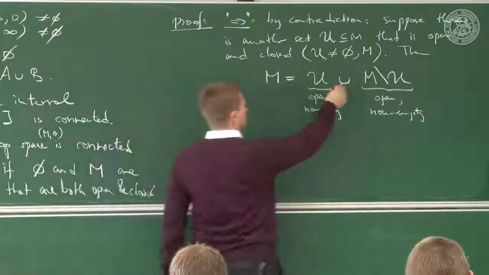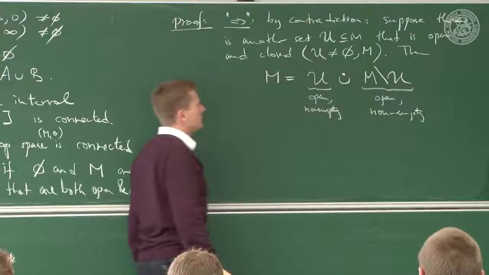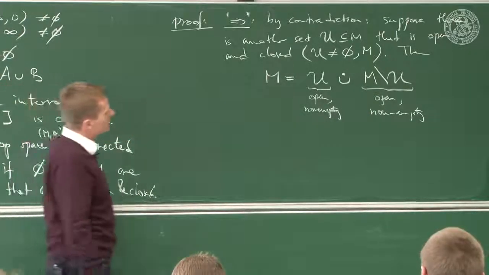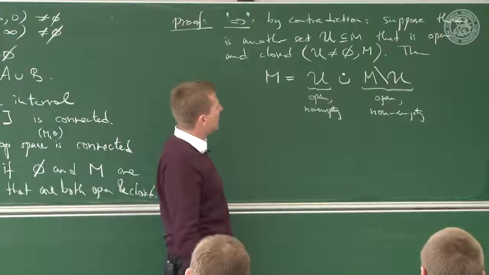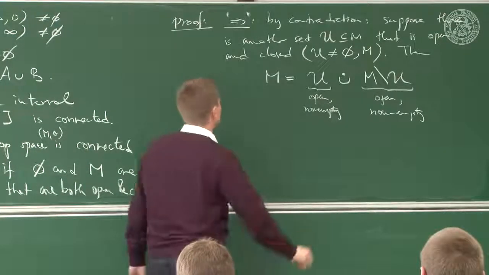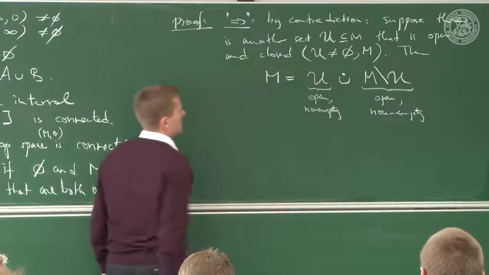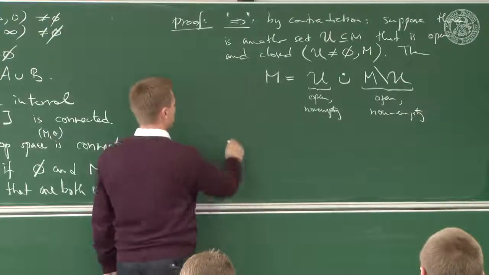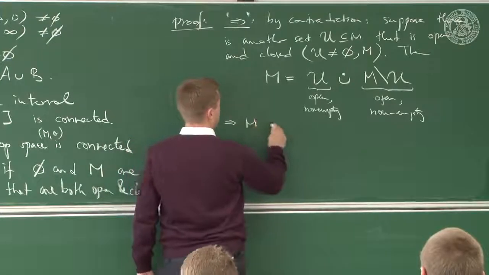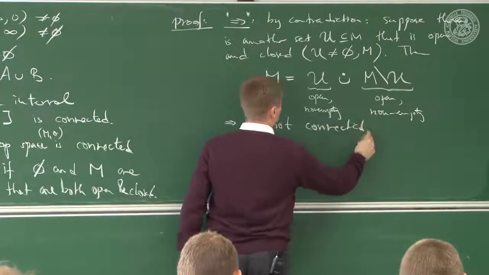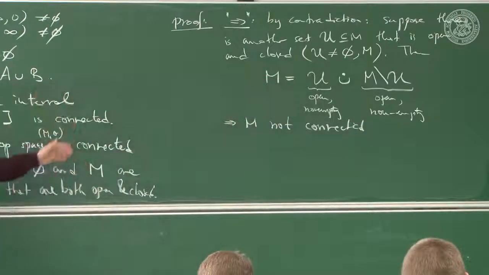And by construction, it's a disjoint union. U has no intersection with M without U. So in fact, we found a decomposition into open, non-intersecting, non-empty subsets, which means M is not connected. But it was the assumption that M is connected.